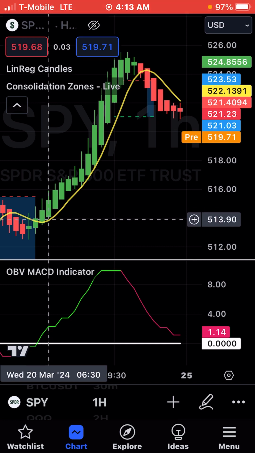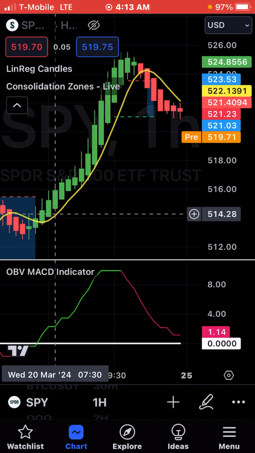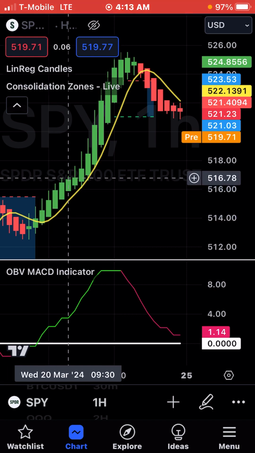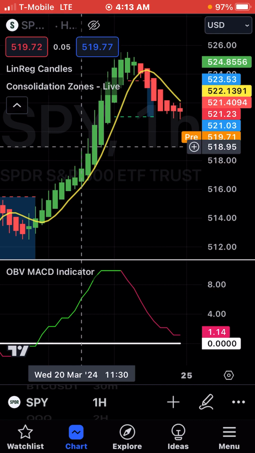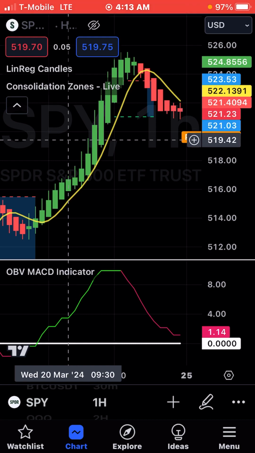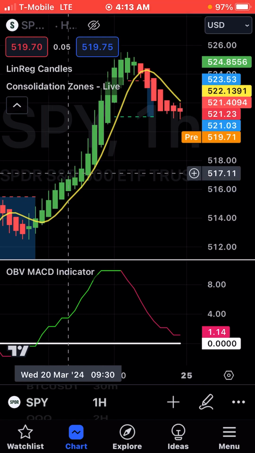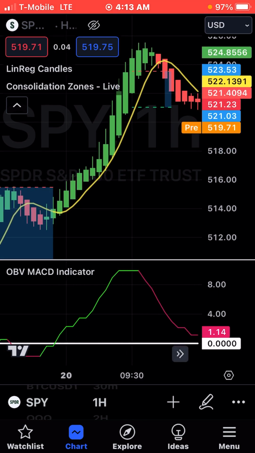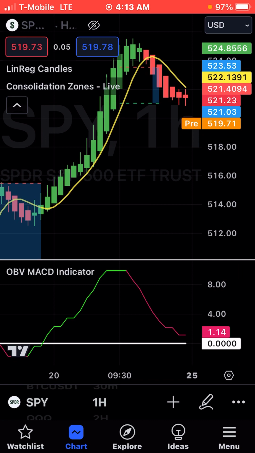Usually about this candle right here will be the good time to get in, and you ride it out until you get your first red candle. Or if you're doing this on a downtrend, you ride it out until you get your first green candle. You can ride it out because it shows you the overall direction of where it's going, and it's very useful.